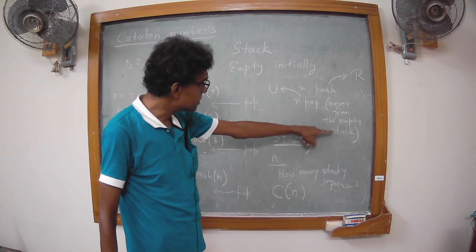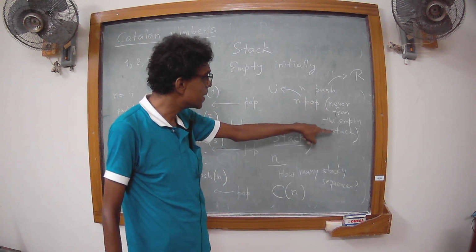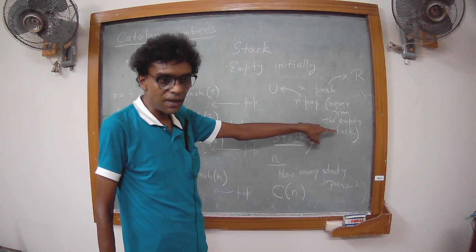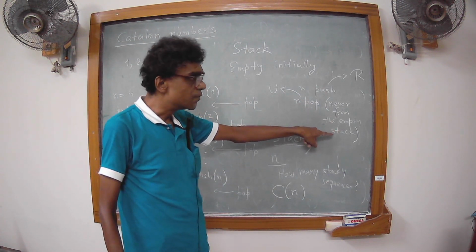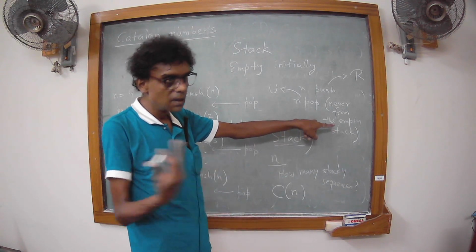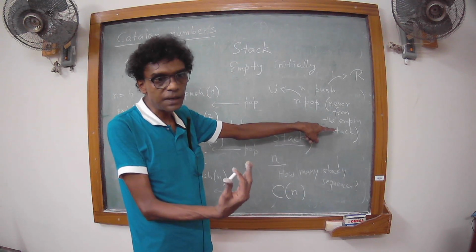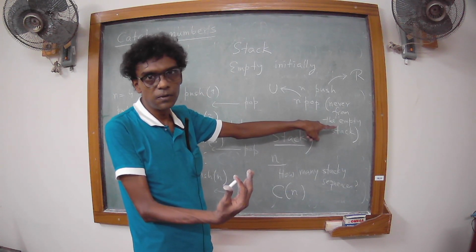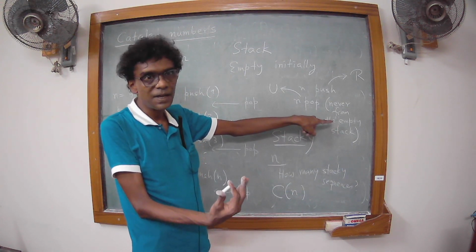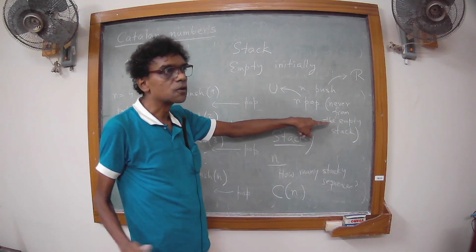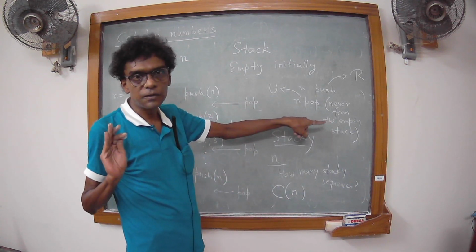And this extra condition, never pop from an empty stack, implies that if you have made k pushes at any point, you cannot make the k plus first pop at this point of time. In other words, you cannot cross the line y equal to x.